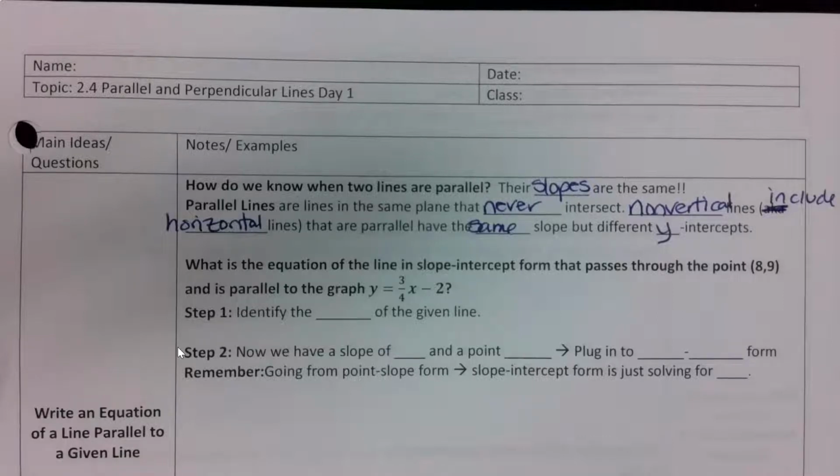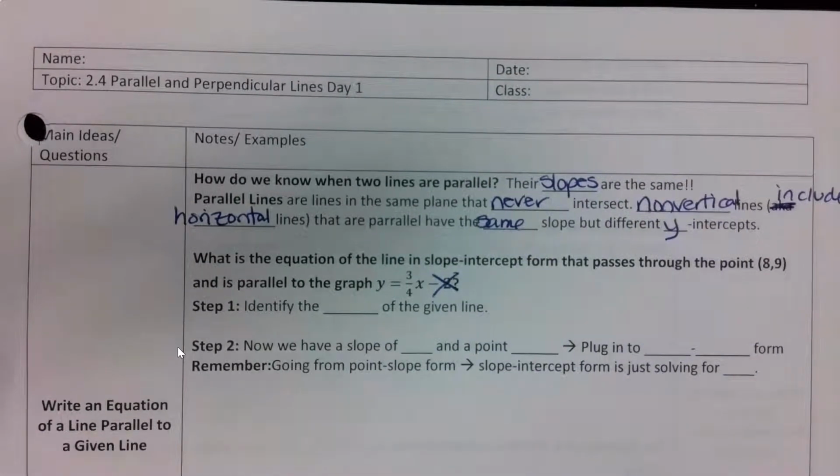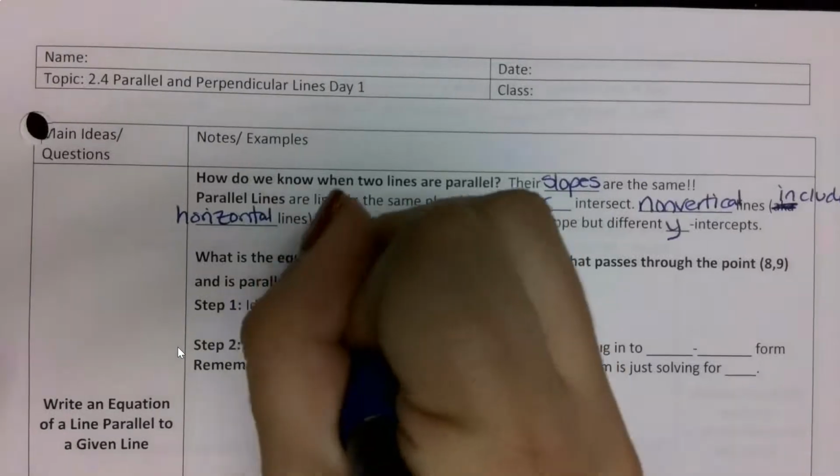Okay, so this question wants me to find the equation of the line in slope-intercept form that passes through the point 8, 9 and is parallel to the graph of y equals 3/4 x minus 2. So, when we do this, this point right here is not important, so I'm going to cross it out. Then I want to identify the slope of the given line.